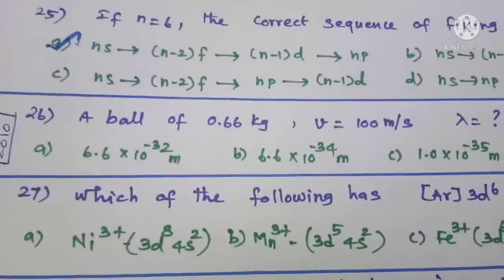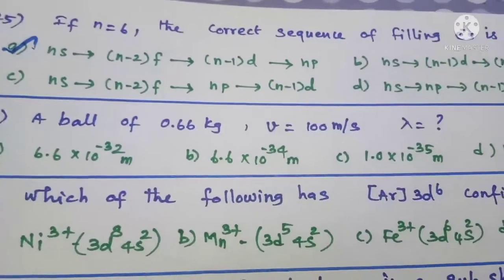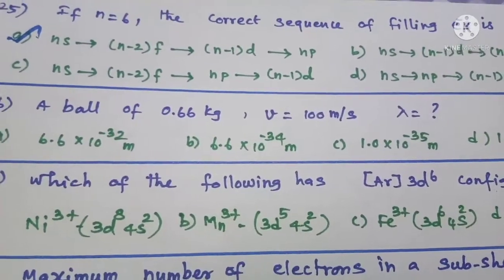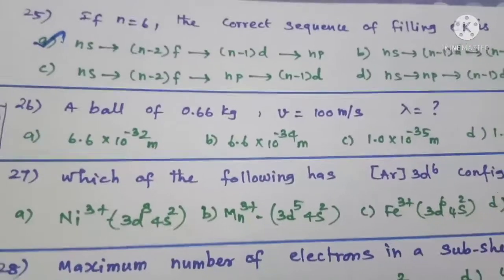Next, question number 26. A ball which has a weight of 0.6 kilogram is moving with a velocity of 100 meter per second. What will be the wavelength of that ball? This question can be answered based on the de Broglie relation.